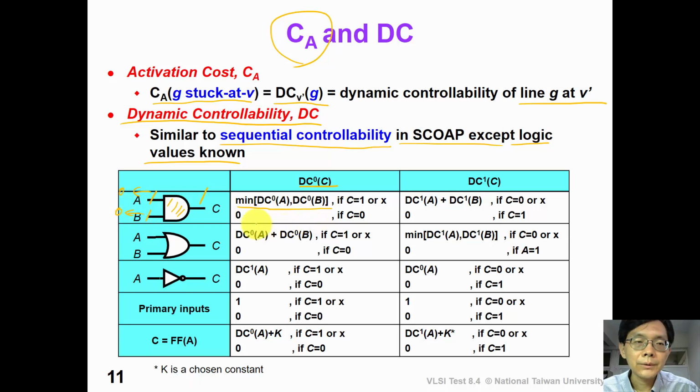However, if C is already 0, then we don't need to specify any more input. So DC0 of C is equal to 0.